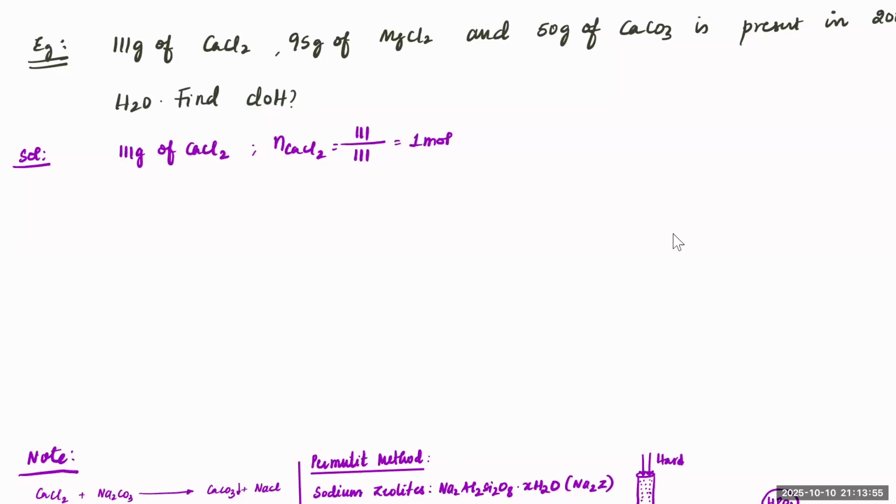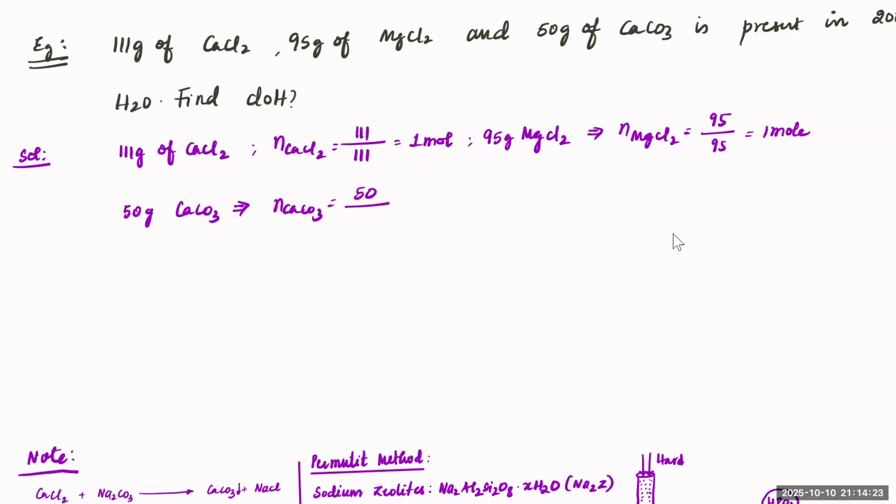Similarly, 95 grams of magnesium chloride: number of moles is 95 by 95, which is also 1 mole. Now 50 grams of calcium carbonate: number of moles is 50 by 100, since the molar mass of calcium carbonate is 100. So that makes it 0.5 moles.